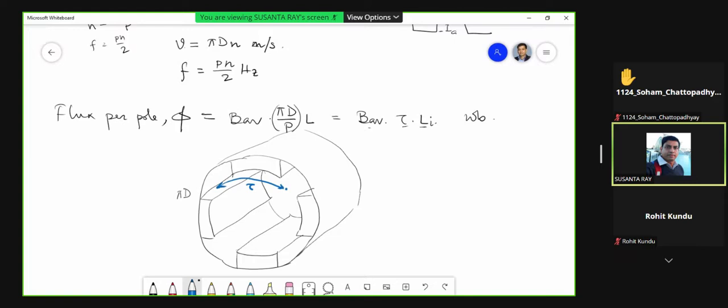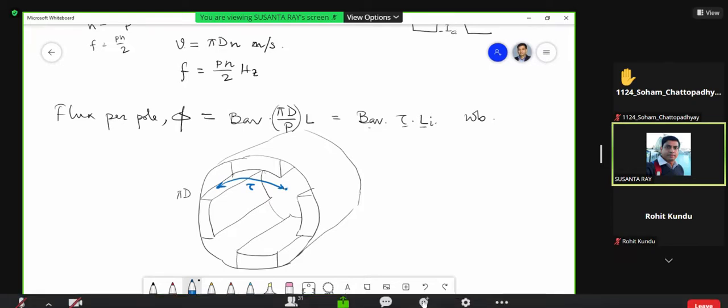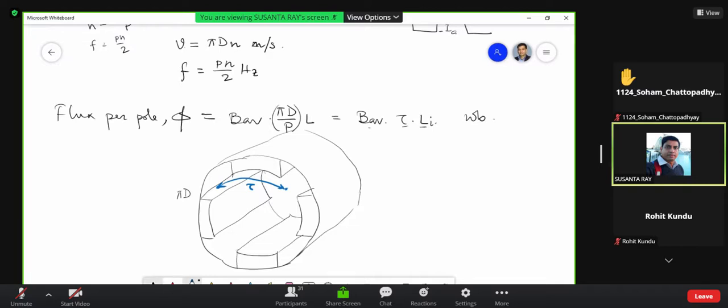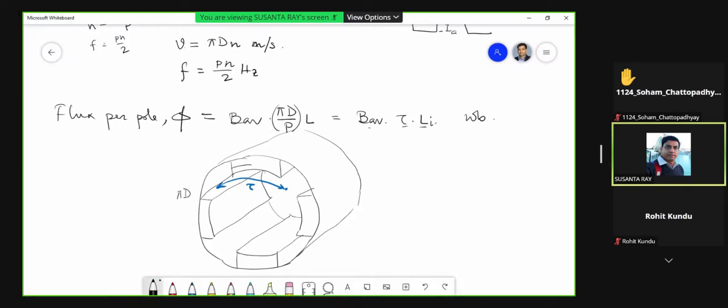It will be your tau. But your pole may not extend to these two extreme points. It can be less than the tau. What is the actual width of the pole? We can say the pole arc B, which is less than the tau.